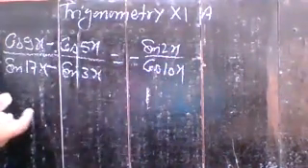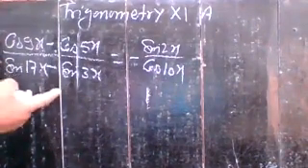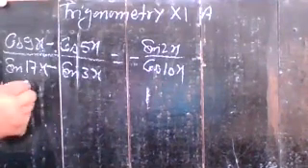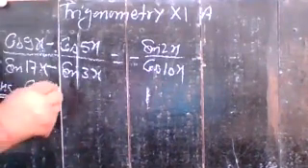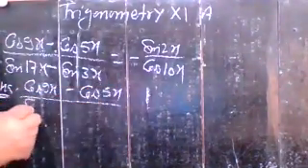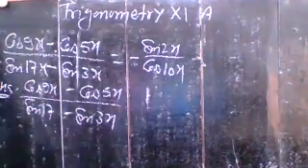Yes, same type. Using the left side, applying the identity. So applying it. So here you take again the left side, cos 9x minus cos 5x divided by sine 17x minus sine 3x.